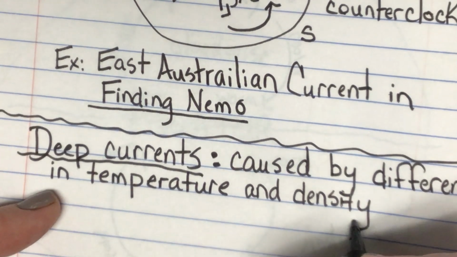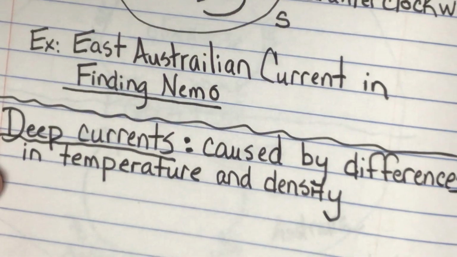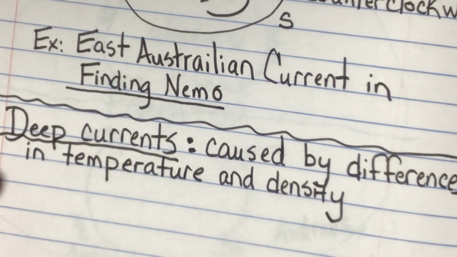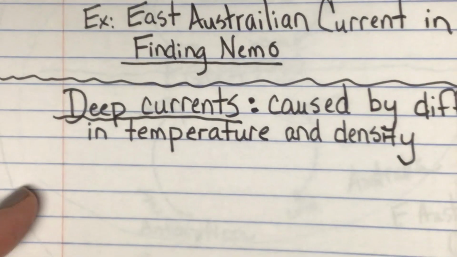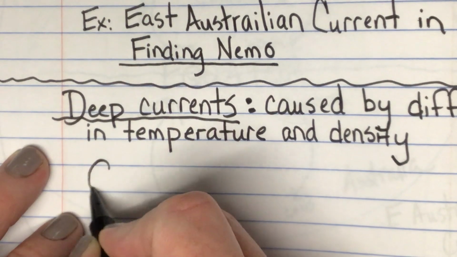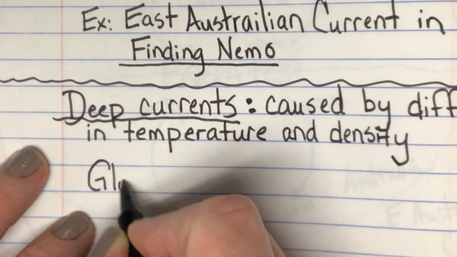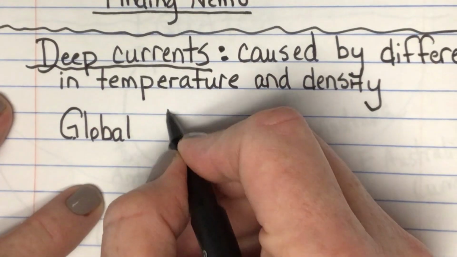Am I still on the screen? Yes. Okay, deep currents are caused by differences in temperature and density. We're going to use the example of the global convection current. Excuse me, it's the global conveyor belt.